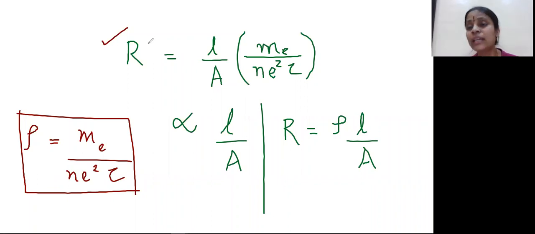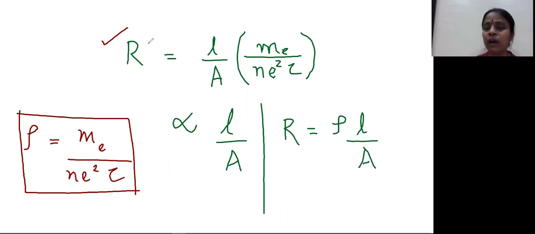That means we can see that both resistance and resistivity are inversely proportional to the relaxation time. That means lesser the relaxation time, greater is the resistivity or the resistance offered by a conductor to the flow of electrons. Am I making it very clear, children?